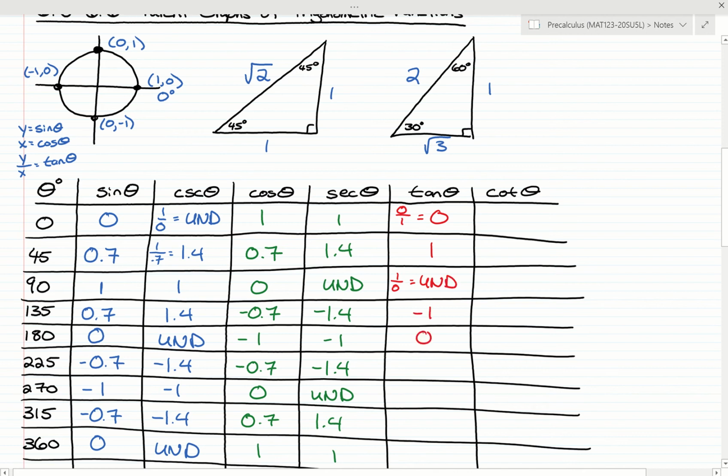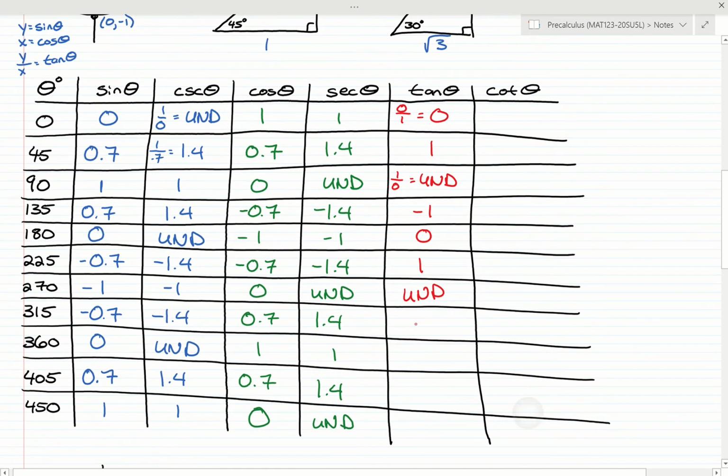Tangent of 180 is 0, 1, and then another undefined. And you can see a pattern start to emerge here. -1, 0, 1, undefined. As you'll see from the graphs, the trig functions repeat after a certain amount of time. That's called the period of these trig functions.